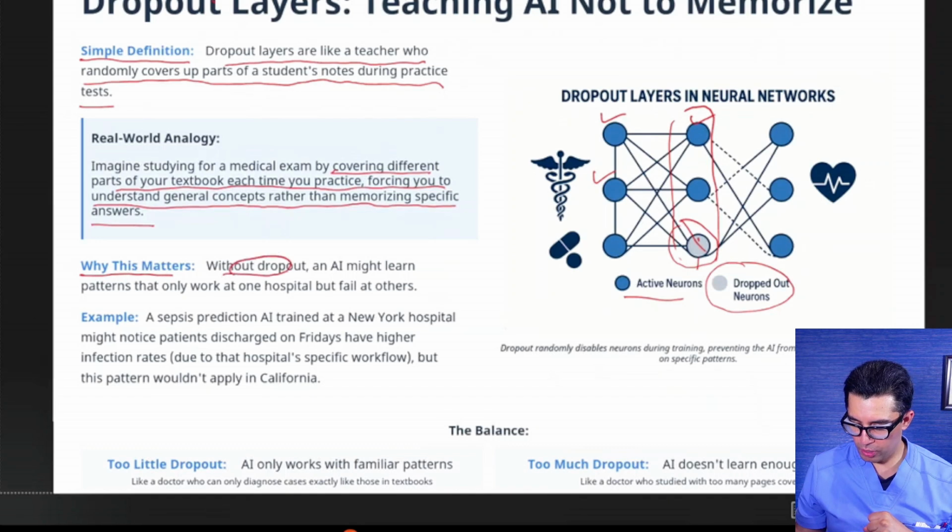Because without any dropout, an AI might learn patterns that only work in one hospital but fail at other hospitals. So in healthcare, the AI needs to be flexible enough to work in different hospitals with different equipment and procedures, but still smart enough to catch subtle warning signs that indicate that the patient may be in danger, even though that patient may be experiencing different situations compared to what the system was trained on.